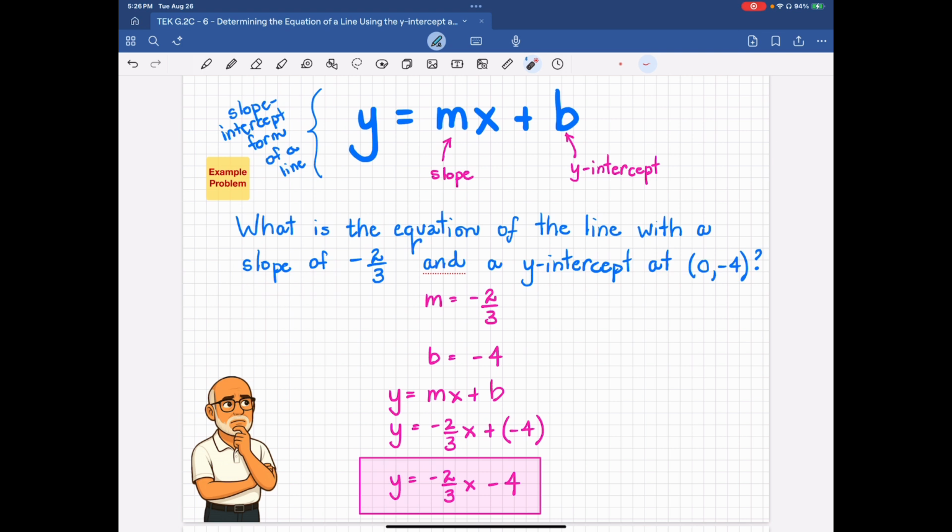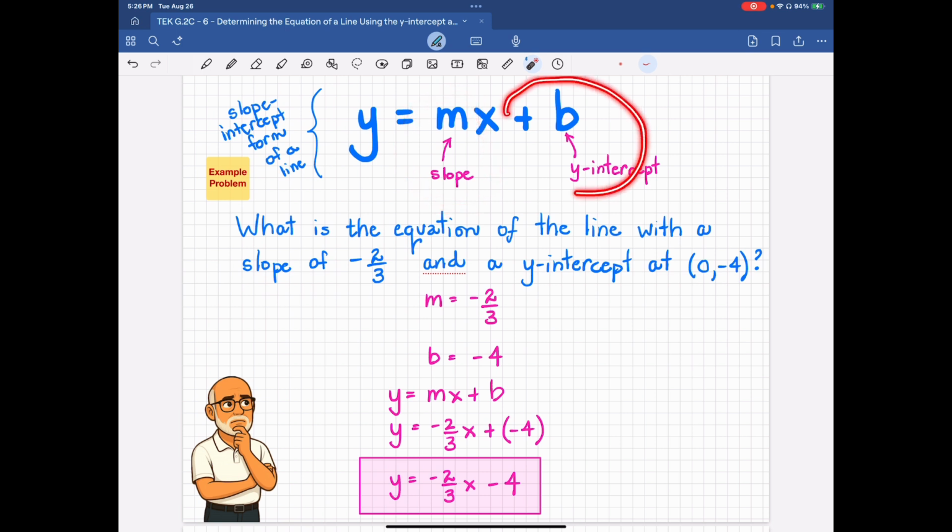Let us first remember an old friend, and that is y equals mx plus b. This is called the slope-intercept form of a line. Why? Because when we put the linear equation into this format, where you have y here, a coefficient times x, and a number here, you can just look at this and say, the coefficient of x is called our slope.